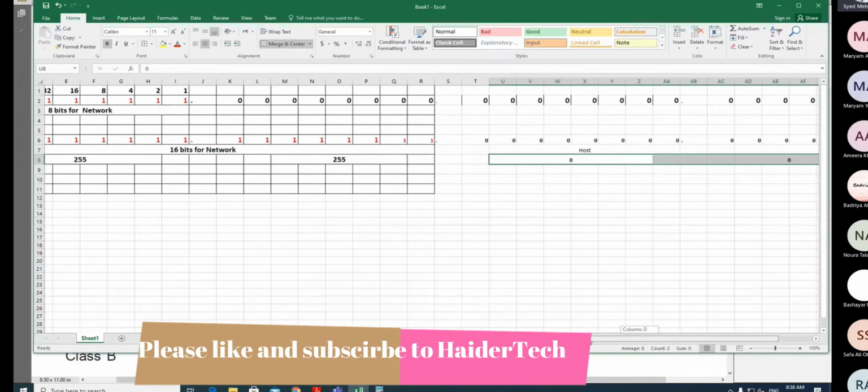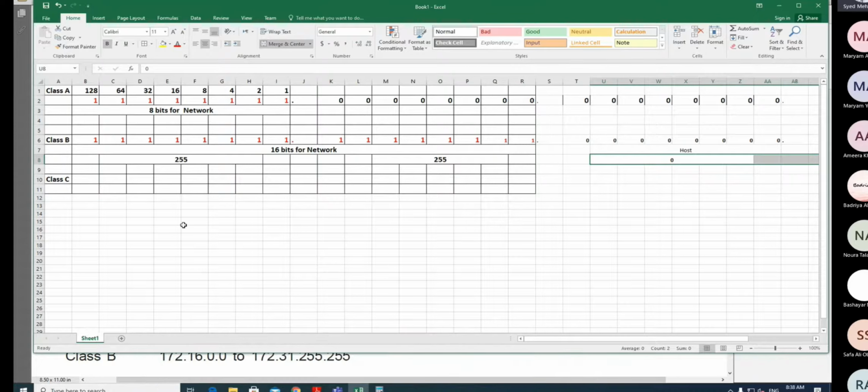Okay, now the last one here. Now class C. How many bits for the network? 24 bits for the network. Good. For the network, we always write 1.